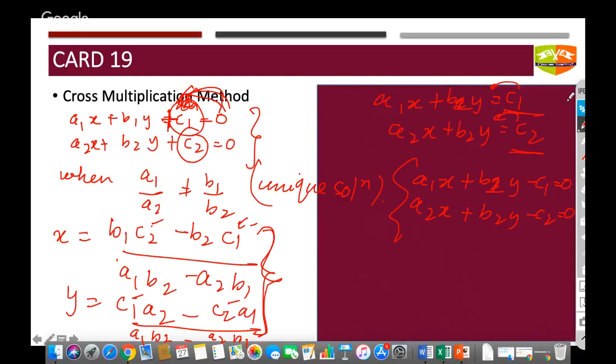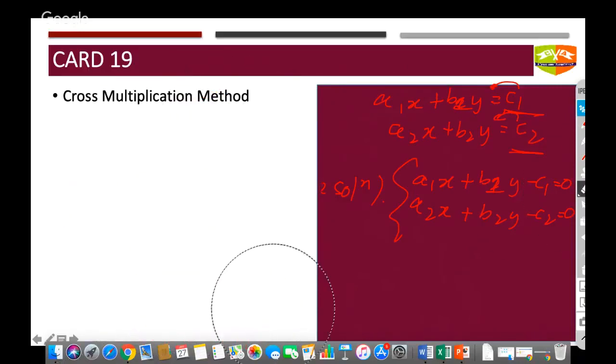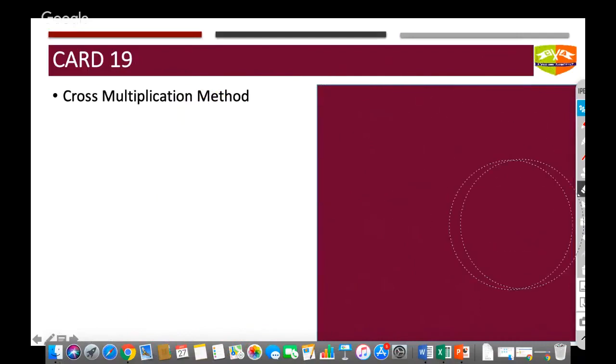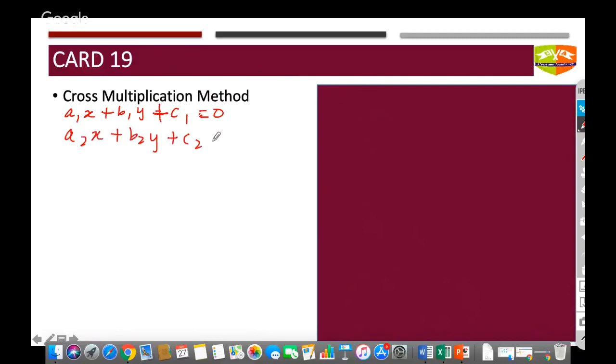So for this equation, a1x plus b1y plus c1 is equal to 0 and a2x plus b2y plus c2 is equal to 0, it can be written as x divided by b1 c2 minus b2 c1.